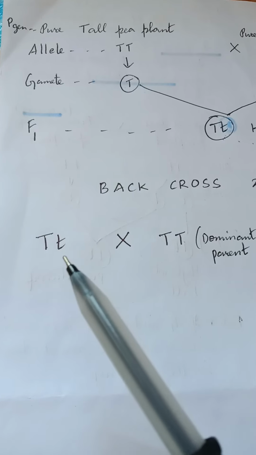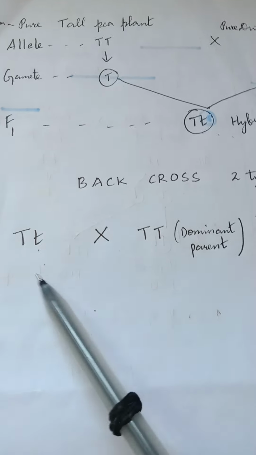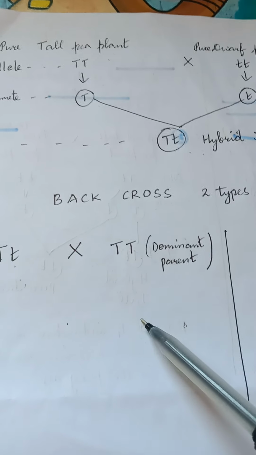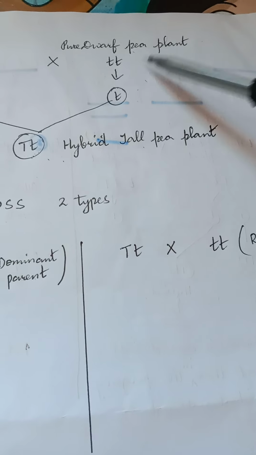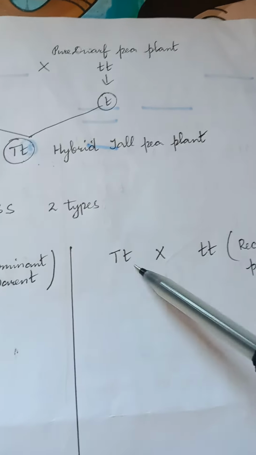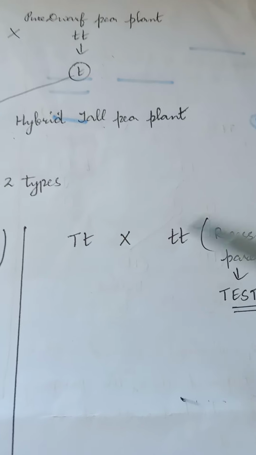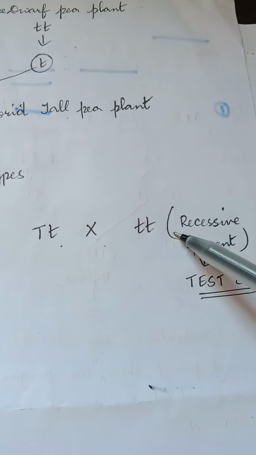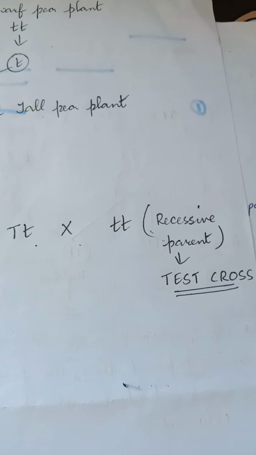One type is when you cross the F1 offspring, this hybrid offspring, with the dominant parent, then that is also called back cross. And if you cross the F1 offspring with the recessive parent, that is small t, then that is also called back cross. And when you cross the F1 individuals with the recessive parent, that type of back cross is also considered as test cross.